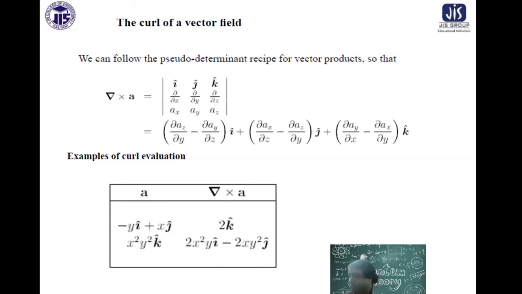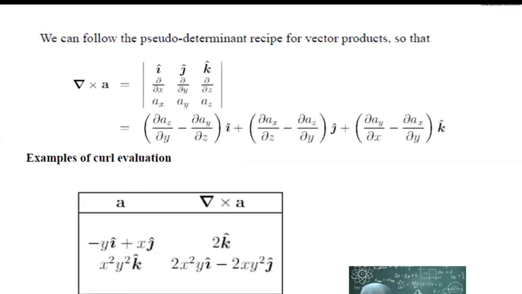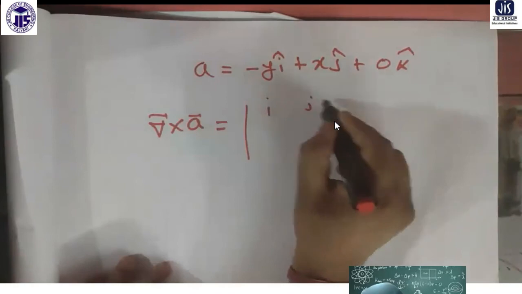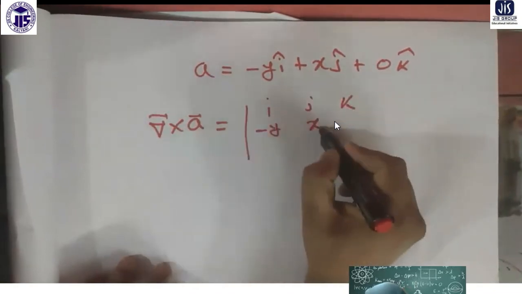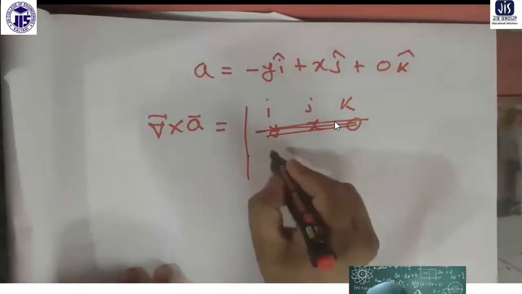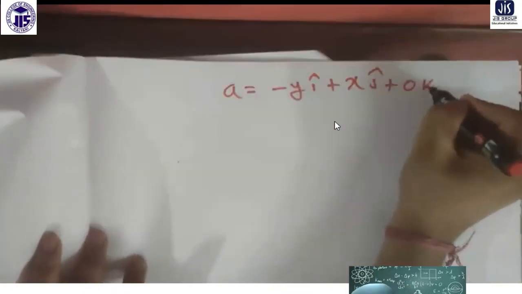Let me show you again. A is minus y i plus x j plus 0 k.